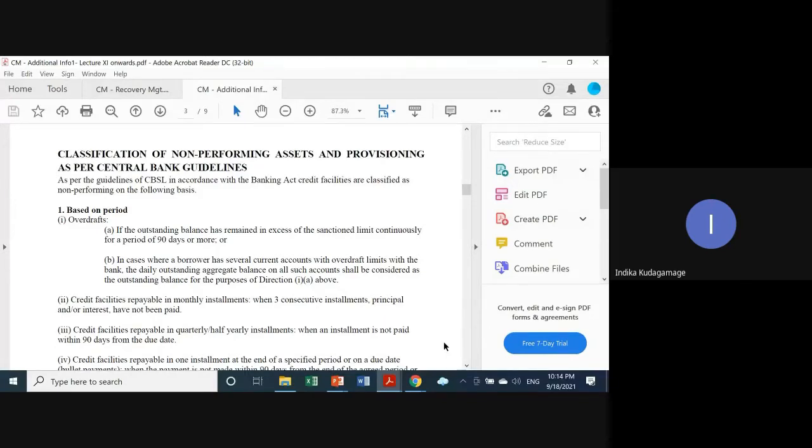Firstly, it is the number of days in arrears. As per the latest regulation, any facility which is more than 90 days in arrears has to be classified as an NPL facility, right? Otherwise, it can be based on the risk profile.